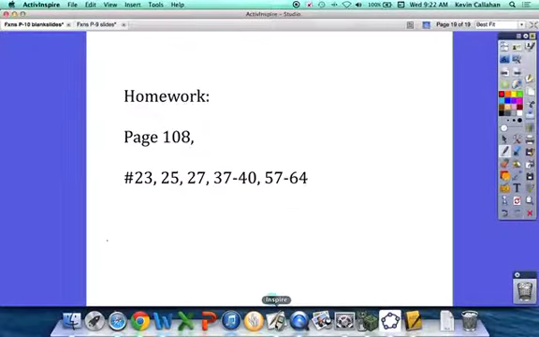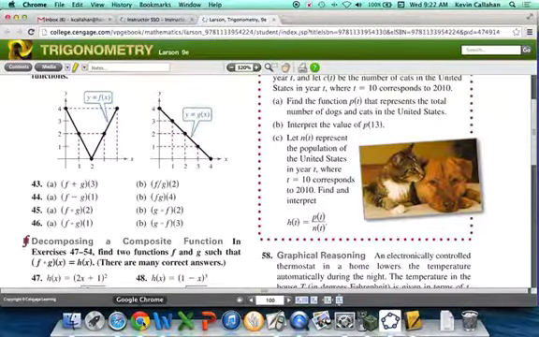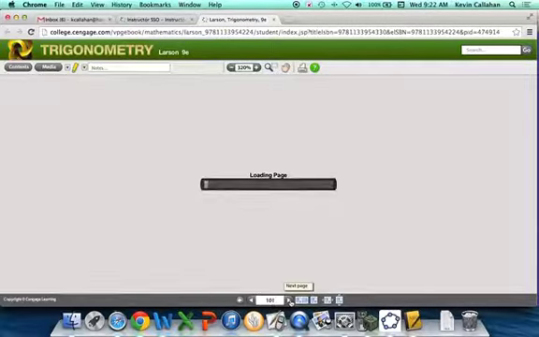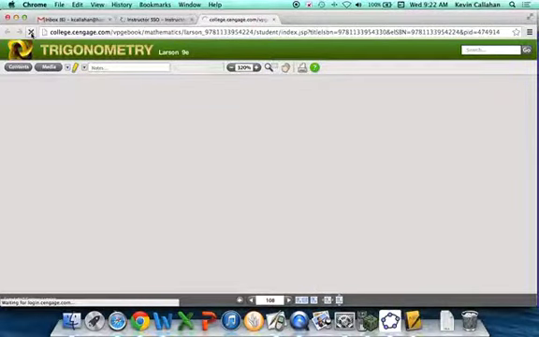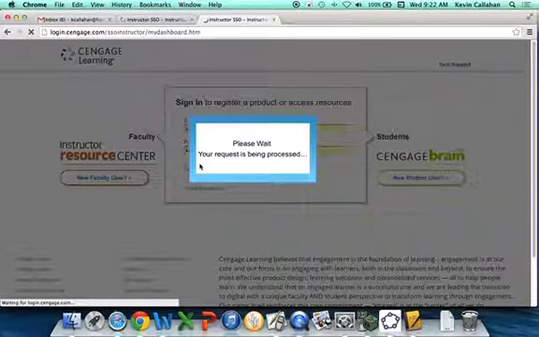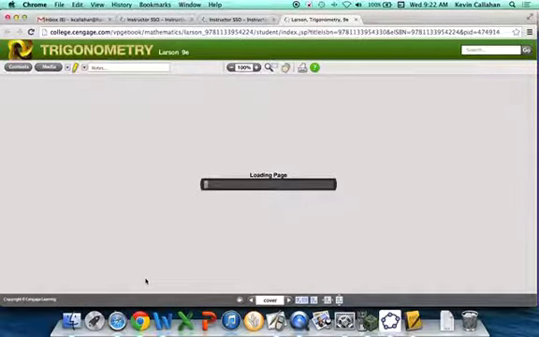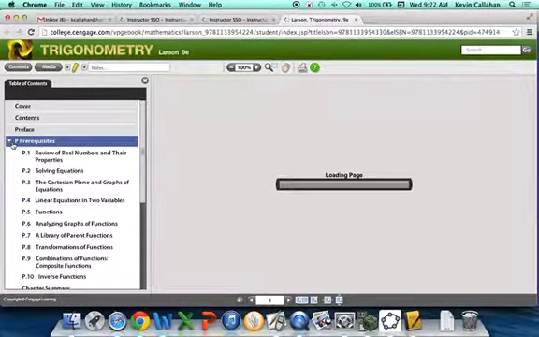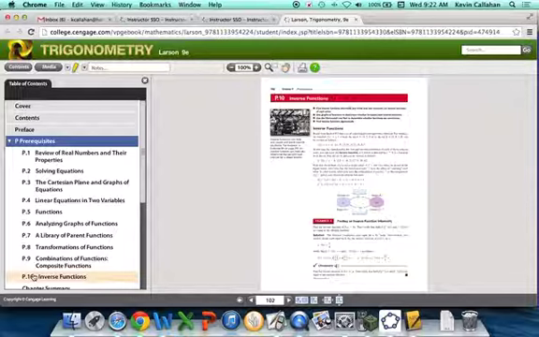The last bunch of problems, 57 to 64, if you look in your book, what page is that again? 108. Okay. Let's see if I can go forward. Prerequisites. We go down to the end and up to 108.